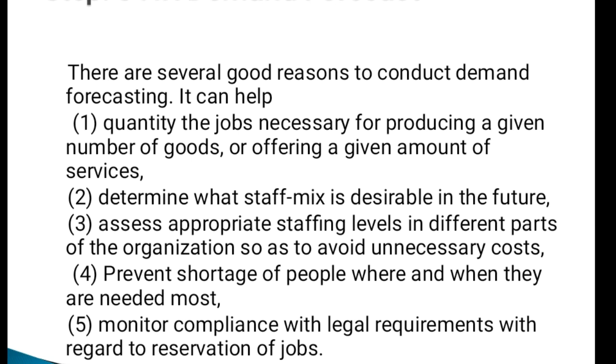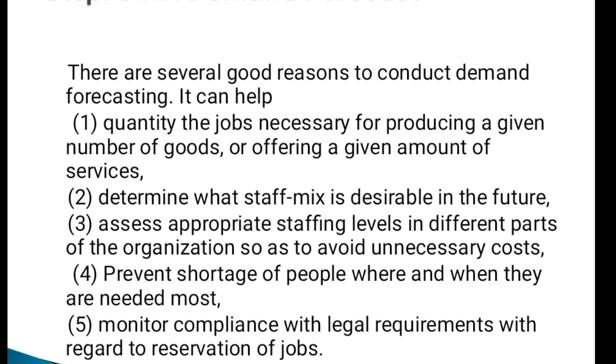There are several good reasons to conduct demand forecasting in the organization. So let's discuss the importance of demand forecasting. First one, it quantifies the jobs necessary for producing a given number of goods or offering a given amount of services.